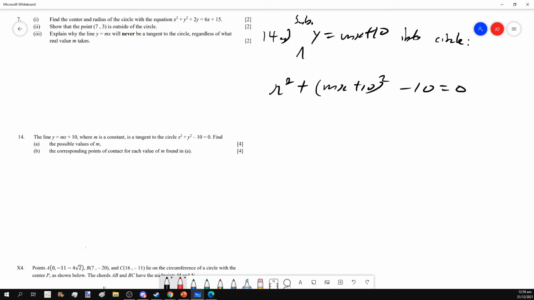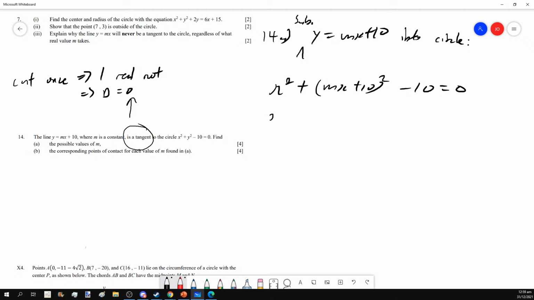It means that when I perform this substitution, the quadratic equation I get will also only have one contact point, i.e. one distinct real root, i.e. discriminant equal to 0. So this is the thinking process.